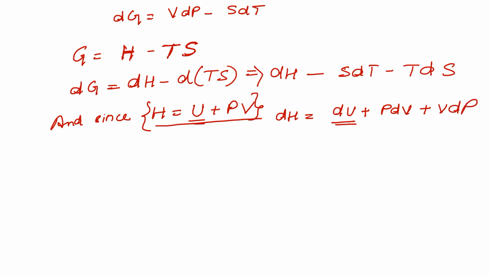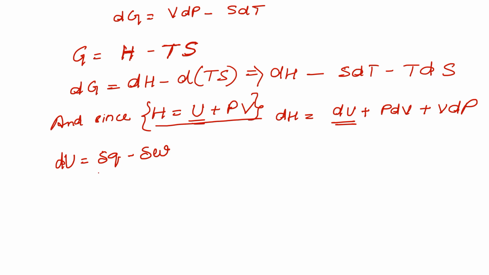Now what's dU? dU can be written from the first law of thermodynamics as delta Q minus delta W, for infinitesimal changes.